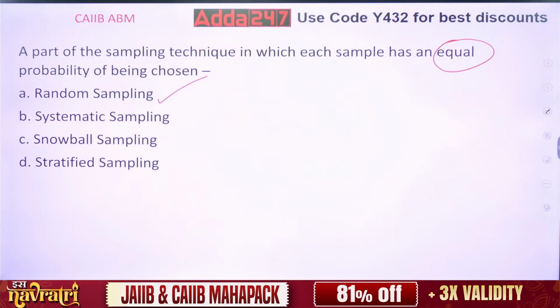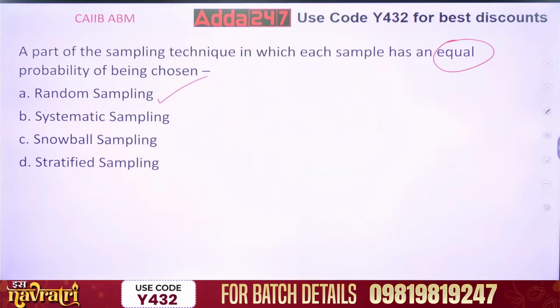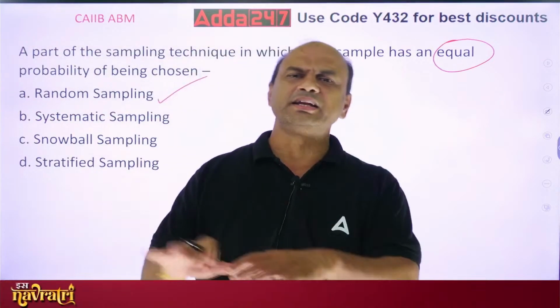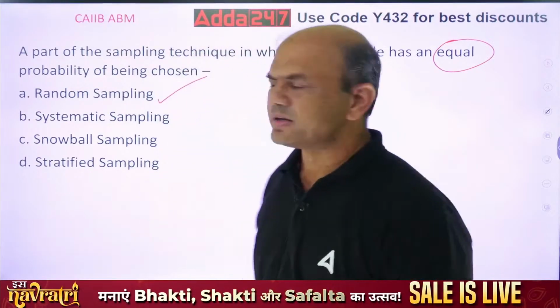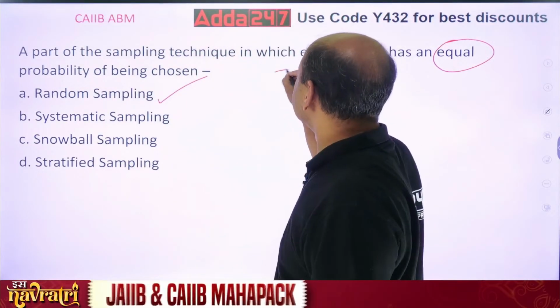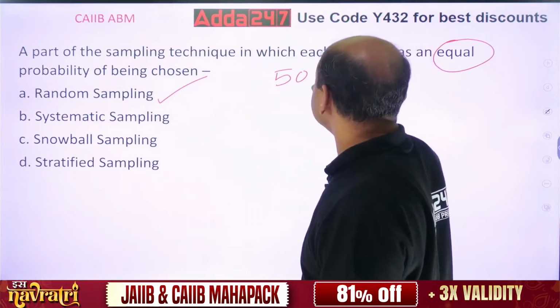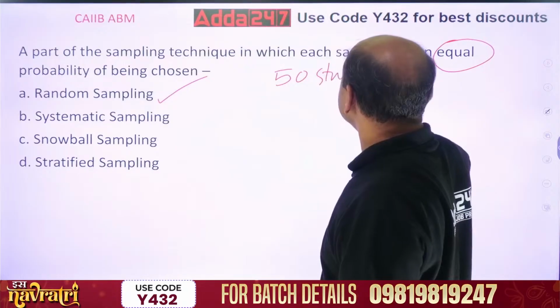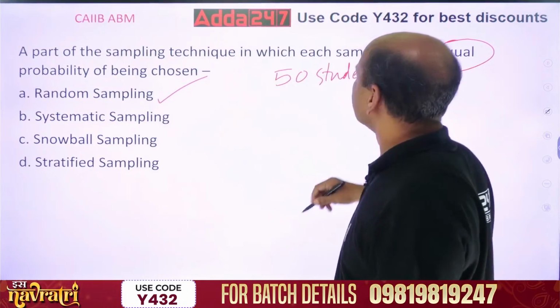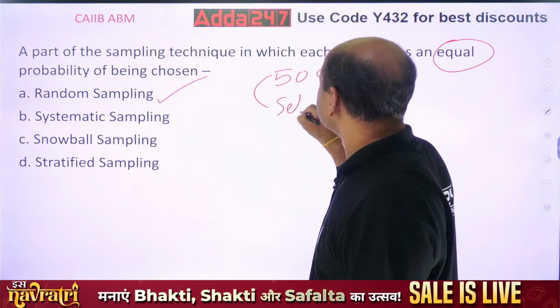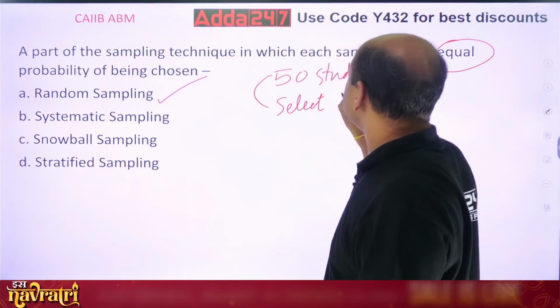See, simple random sampling means what? I'll just close my eyes and select any 10 students. Suppose there are 50 students, out of which I have to select, let's say 5 students.